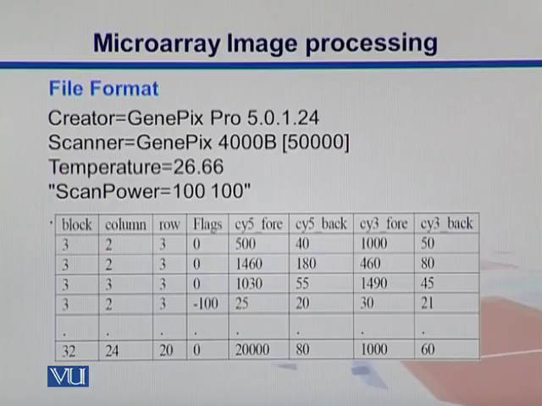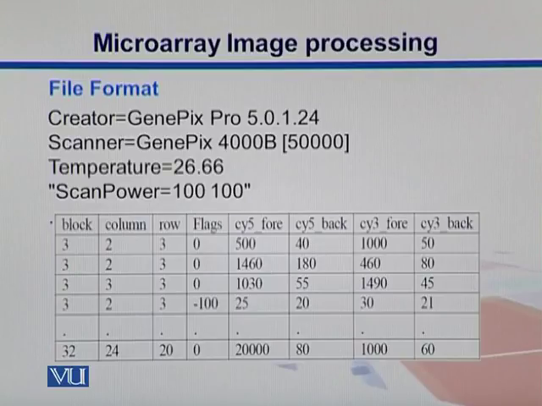A 0 flag is ideal. These features are okay. Negative flags are where you have more background, more noise as compared to the foreground. Then you have the intensities, where Cy5 foreground is 500, whereas Cy5 background is 40. So 500 over 40 is comparatively better.